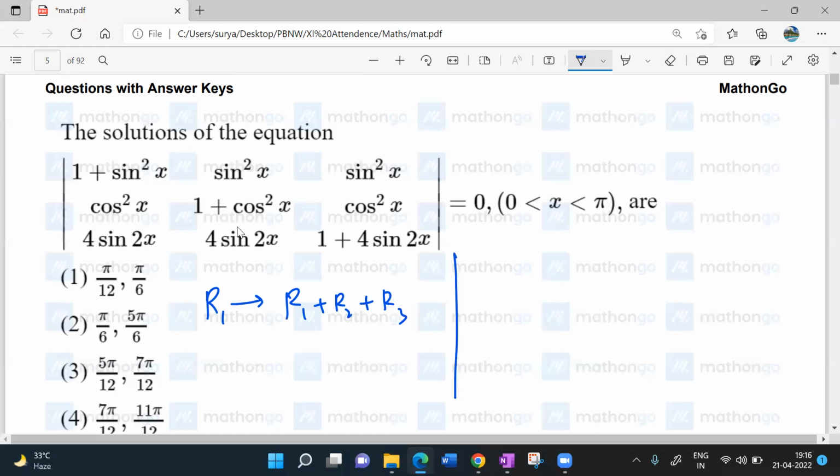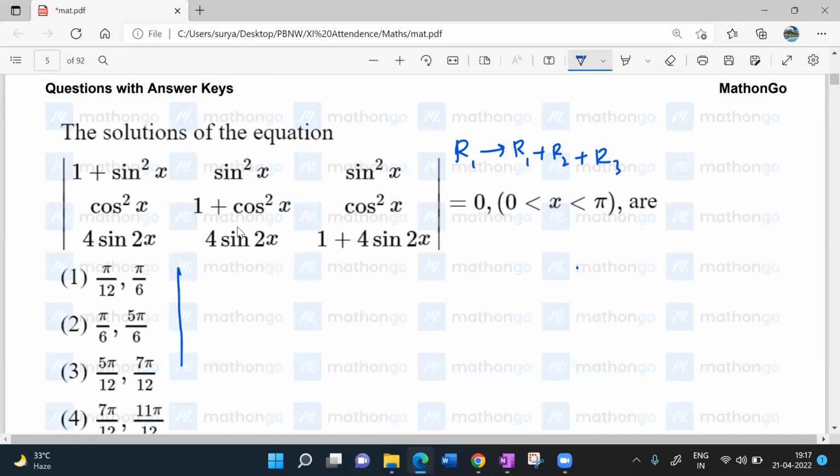R1 is going to change as 1 plus sin square x plus 4 sin 2x, sin square x plus... so the R1 plus this one, let me write fully.